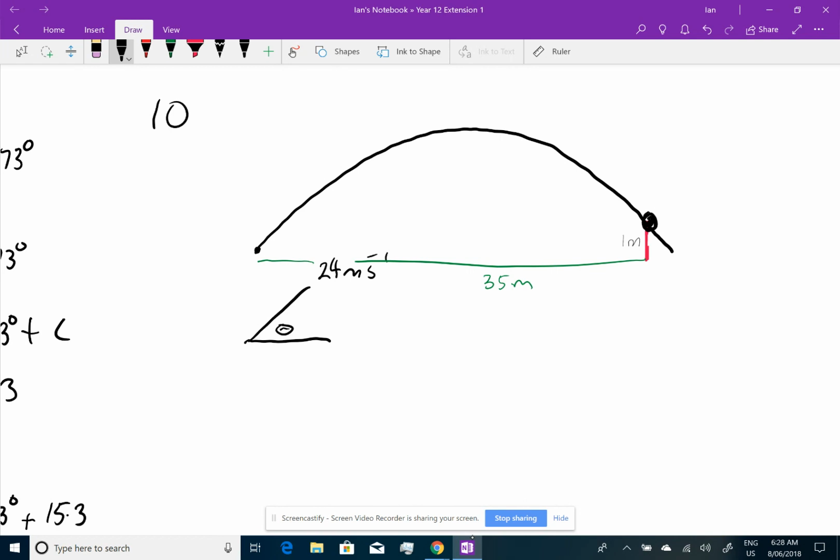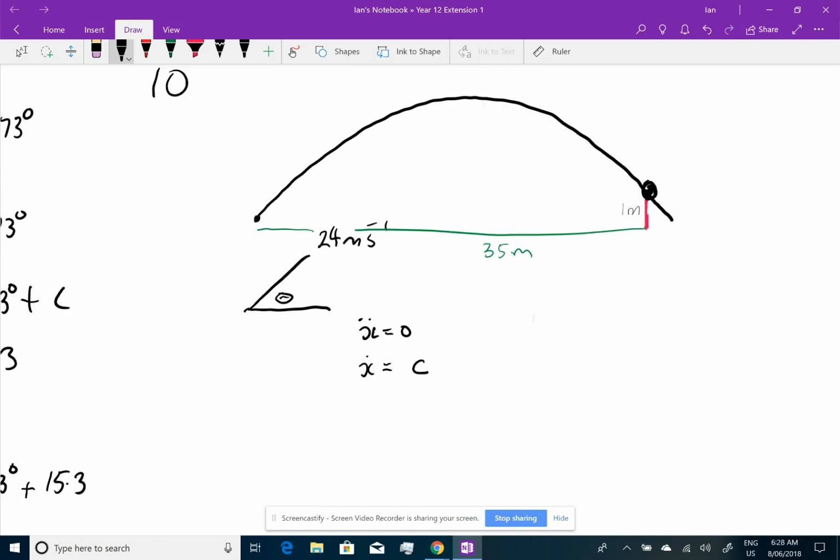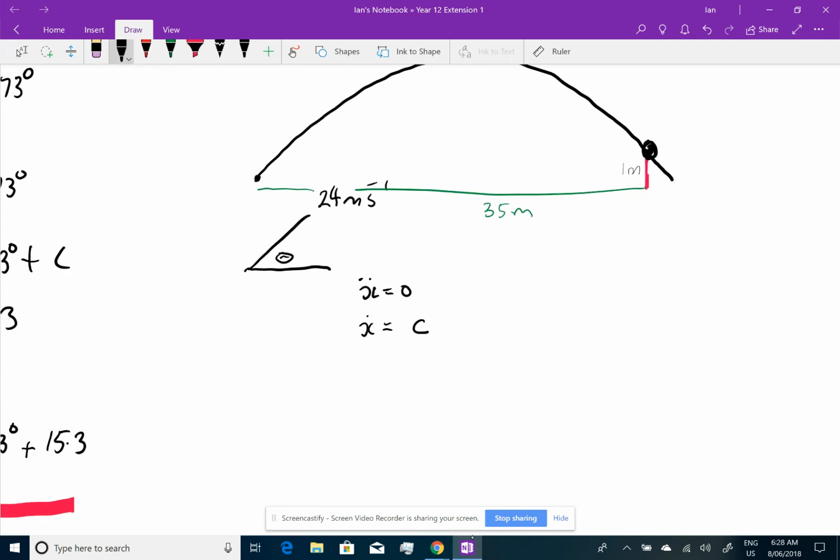So here we go. x double dash equals 0. x dash equals some constant. We know that when t equals 0, x dash equals 24 cos of the angle. We know there's nothing else acting on it, so x dash will be 24 cos theta.